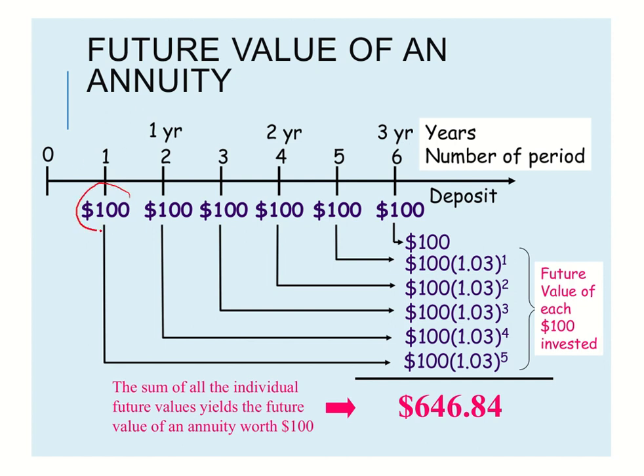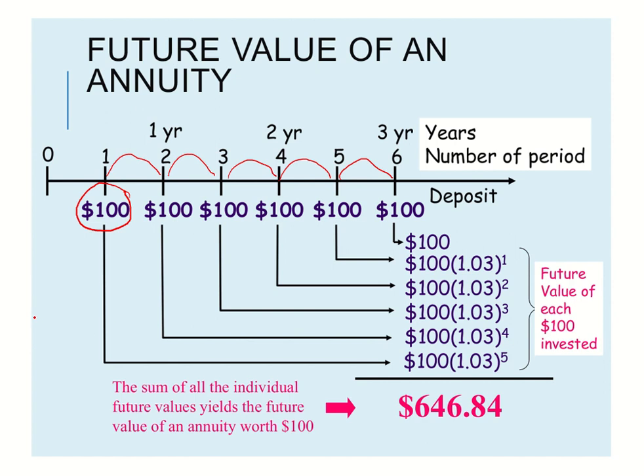The first 6 months you pay $100. So this $100 will actually generate 5 times of interest: 1, 2, 3, 4, 5. 5 times of interest. So we have 1.03.